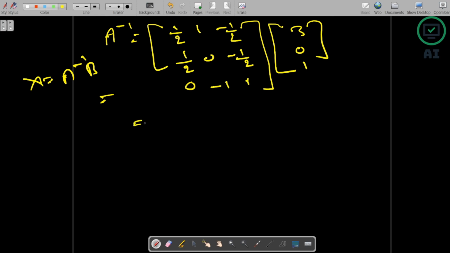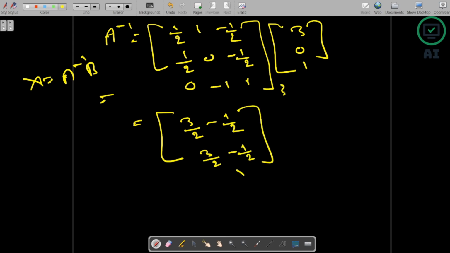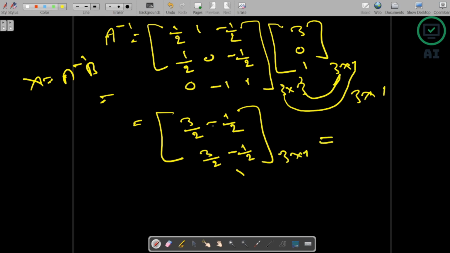So what we will get: 3 by 2 minus 1 by 2, then 3 by 2 minus 1 by 2 and 1, because this is 3 cross 3 and this is 3 cross 1. So here the first matrix's column count and the second matrix's row count are the same, so the resulting matrix will be 3 cross 1. So we got 3 cross 1. So you solve this one.